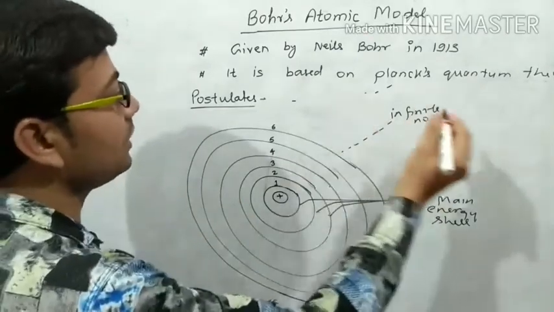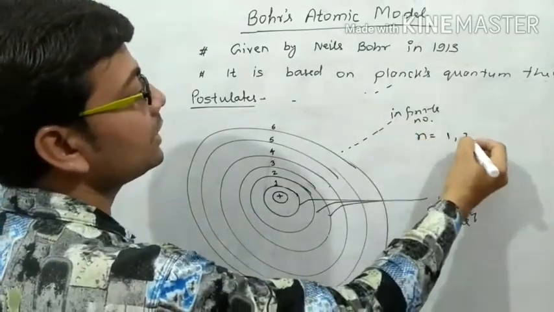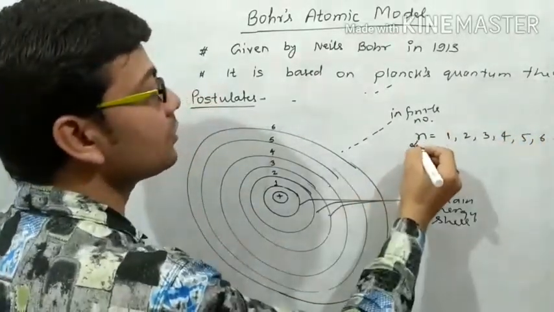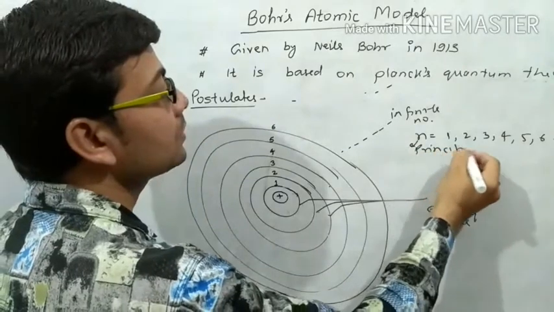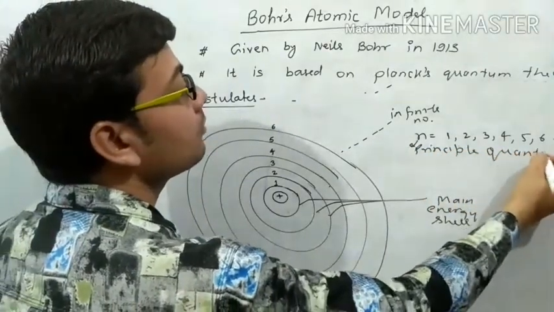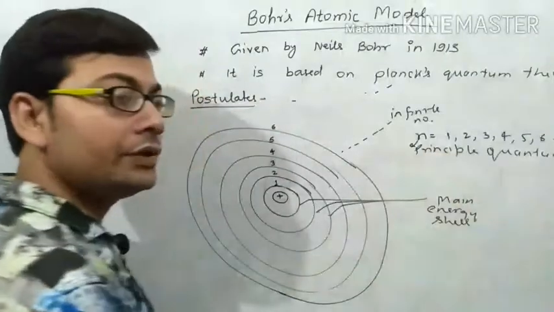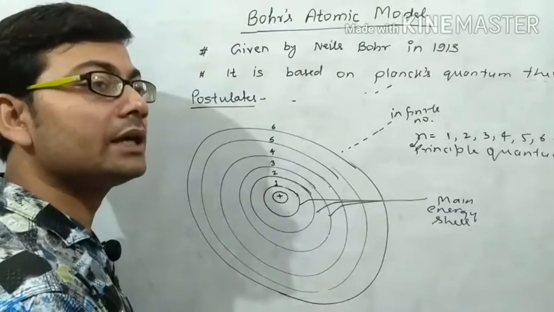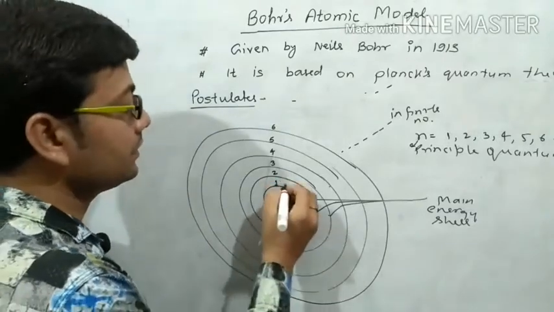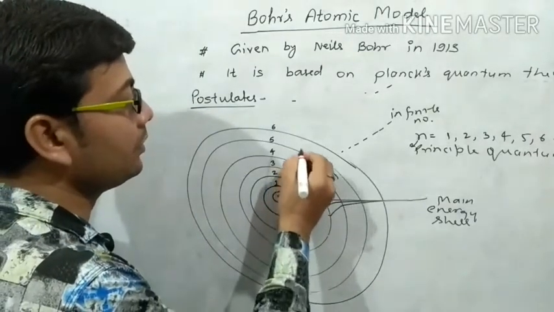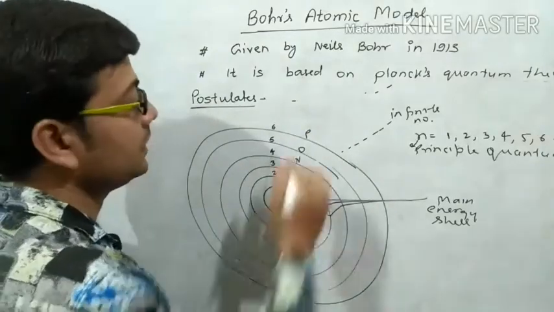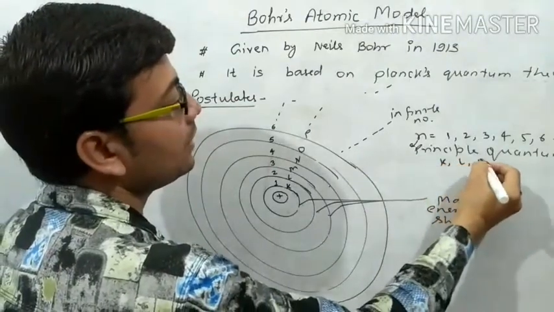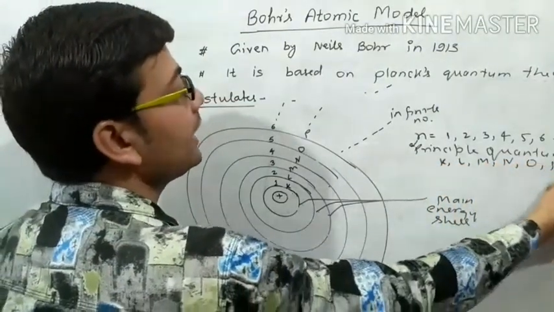These numbers are n equal to 1, 2, 3, 4, 5, 6 and so on. These main energy shells are also designated by capital letters K, L, M, N, O, P and so on.